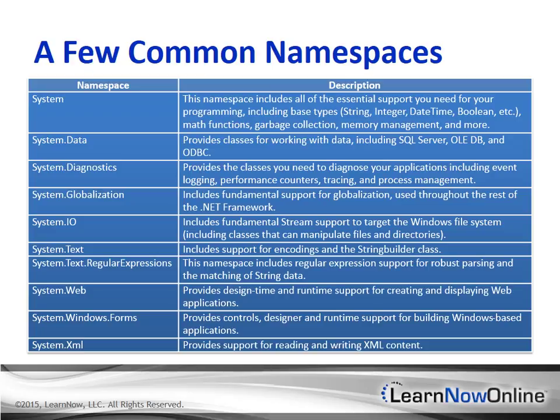So if you need to write out files, if you need to read the contents of a directory or folder in the file system, that's the namespace that you want to go to. And there's a number of classes that you can use. A lot with overlapping functionality, so you need to figure out how best to use them. But pretty much all of the features that you need in order to work with physical files.